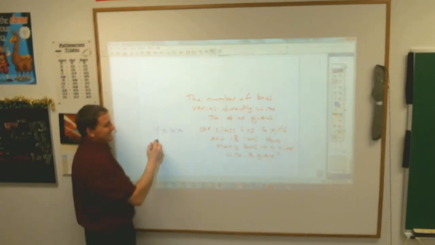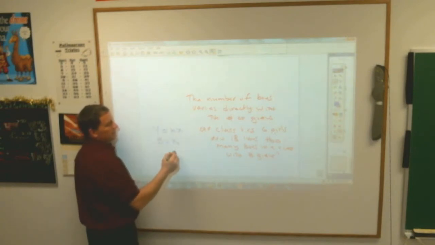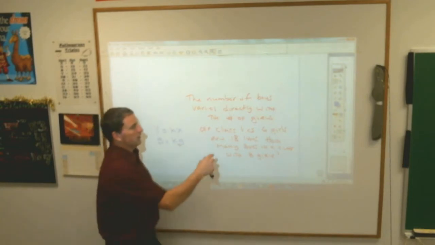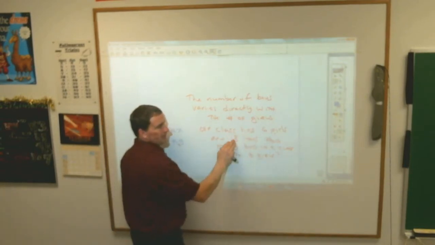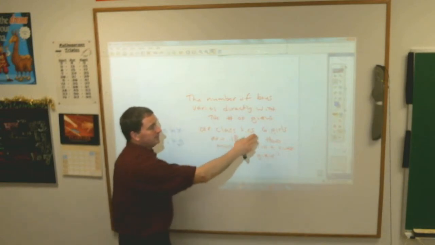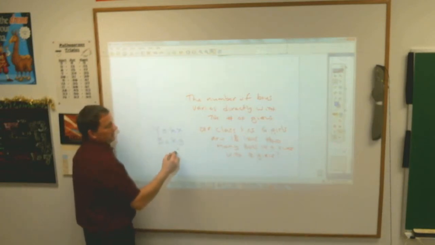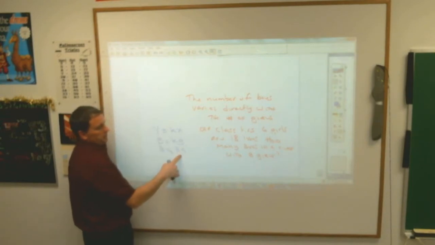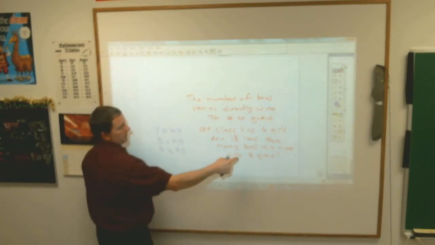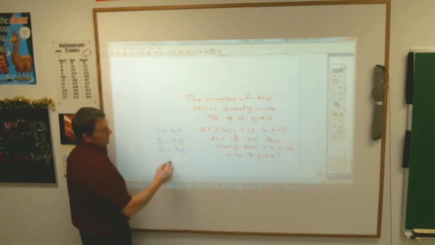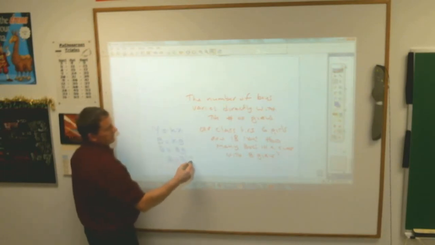So boys equals some constant of variation times girls. What do I multiply the girls by to get to the boys? 3. So my constant of variation is 3, so if I know any amount of girls, I can always figure out the boys because it's just multiplied by 3. Boys equals 3 times 8, which is 24.